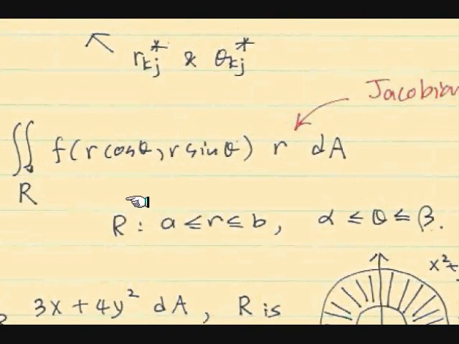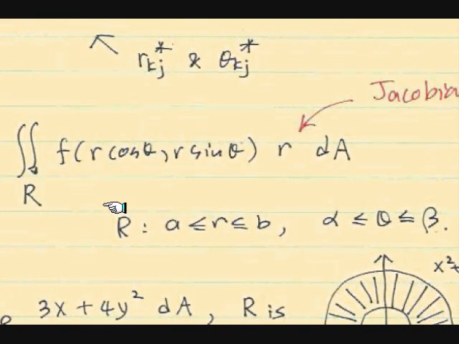So let me zoom in here and summarize what we have accomplished using the mean value theorem and the power of the definition of the Riemann sum and the double integral. We were able to rewrite that integral into the following form, where x and y are replaced by the substitution, and there is this stretch factor called the Jacobian, showing how the pieces of the area are proportionally changing.